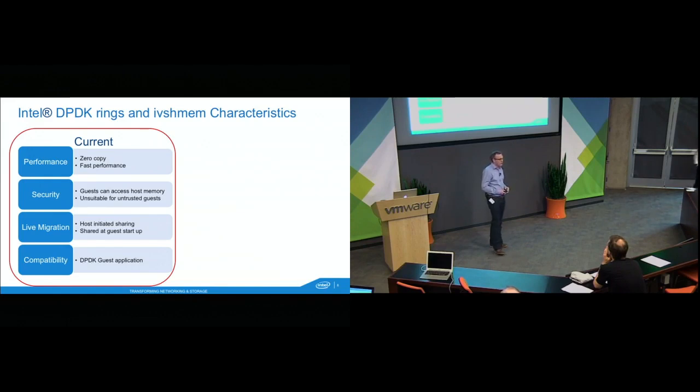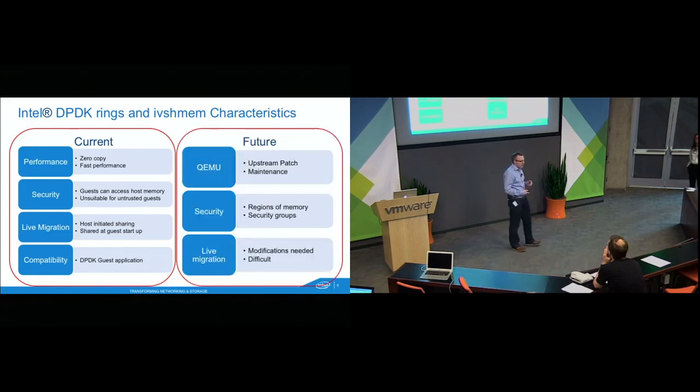In terms of the future, what could be done for Ivy shared memory? For one thing, we have some patches for QEMU for Ivy shared memory to handle the huge page file system, so it would be nice to get them upstreamed and have maintenance on them. In terms of security, a lot of work has been done in the DPDK libraries.